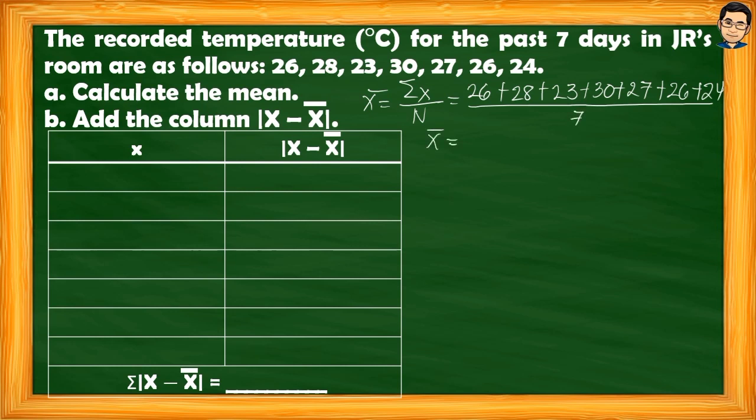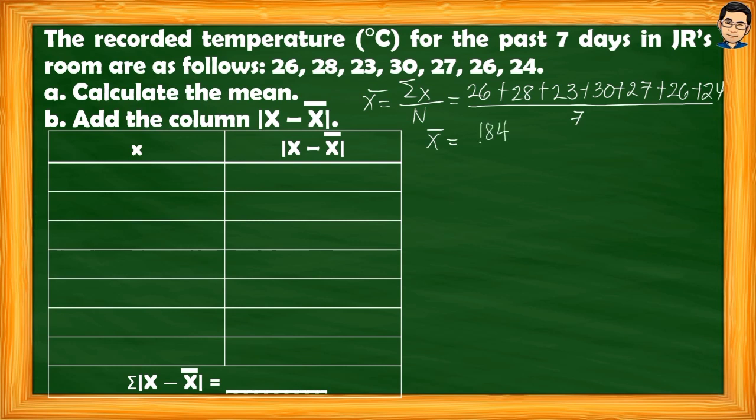Okay. So, add natin ngayon yung 26 hanggang 24. So, 26 plus 28, that is 54, plus 23, 77, plus 30, 107, plus 27, we have 134, plus 26, 160, plus 24, we have 184.